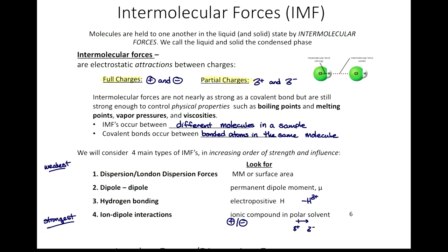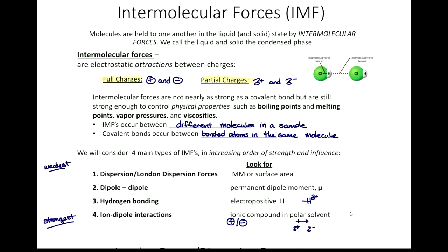So intermolecular forces, it's molecule attractions. In terms of attractions, we're still talking about the same attractions we got from potential energy. We have charges, right? In this case, since it's attractions, we're talking about oppositely charged things being attracted towards one another. So just think of intermolecular forces as attractions between oppositely charged things.